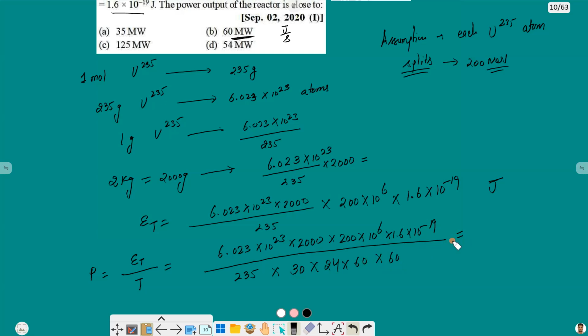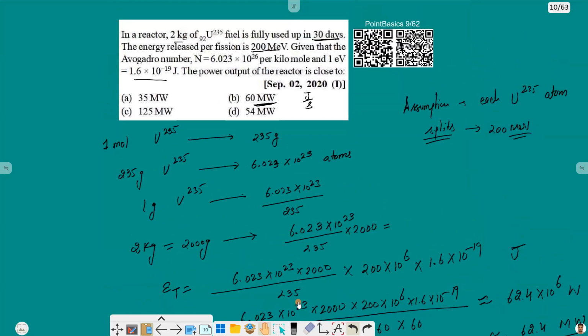From this, the answer comes out to be approximately 62.4 × 10^6 watts, that is approximately 62.4 megawatts. Comparing with the given answers, that is closest to option B. So option B is the right answer here.